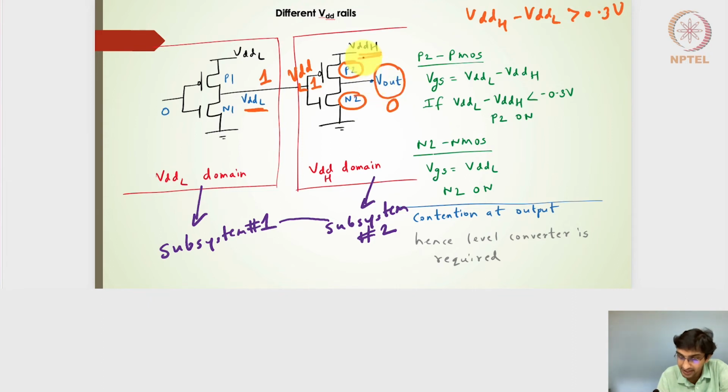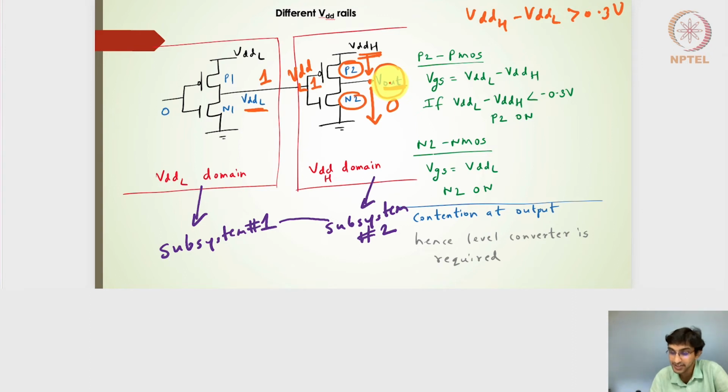That means this particular node is getting charged by the P2 transistor, and also simultaneously getting discharged by the N2 transistor. So I will have a continuous current flowing from the Vdd-H rail to the ground rail. Unnecessarily, power is being dissipated to make this output voltage stand at a particular steady state value.